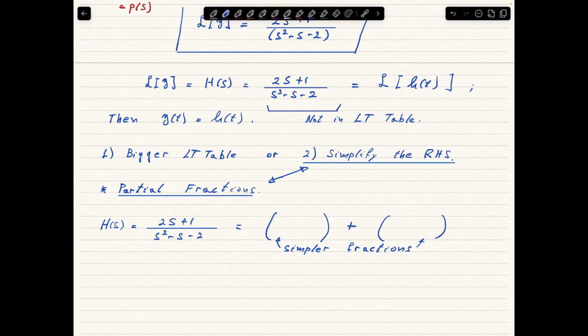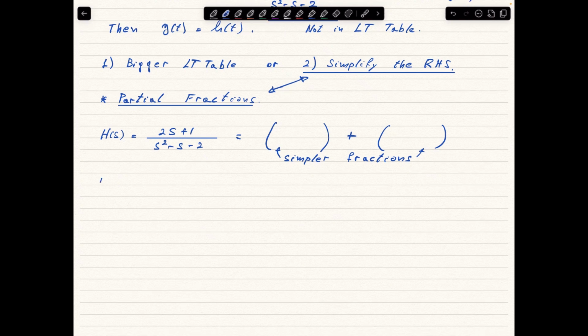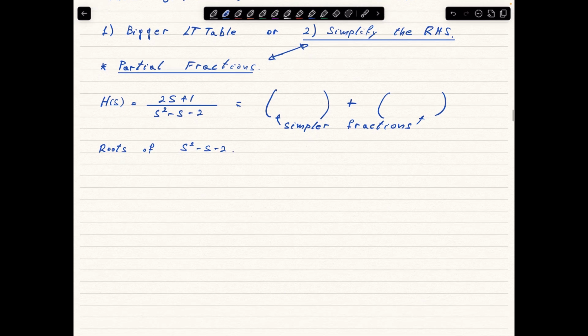So how do we do the simplification? Well, it's important to know the roots of the denominator of your function big H. So let's find the roots of s squared minus s minus 2. S squared minus s minus 2 is equal to 0. That means s plus minus is 1/2 times, then we have minus 1, so it's 1 plus minus the square root of negative 1 squared minus 4ac, but c is negative 2.